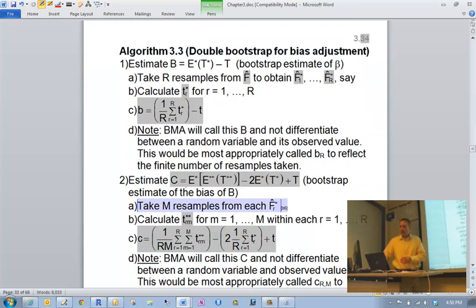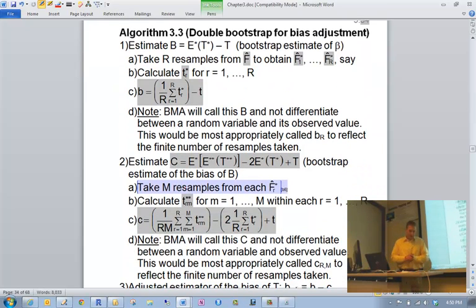This is an algorithm that's given in the book, on page 334 of my notes. So first of all, how about we just estimate B itself? We've actually done this before, but we can review it. So B is, again, expected value star T star minus T. How do we get that? We take our resamples from F hat, and you can think of it this way, then we obtain our different EDFs, one for each resample.